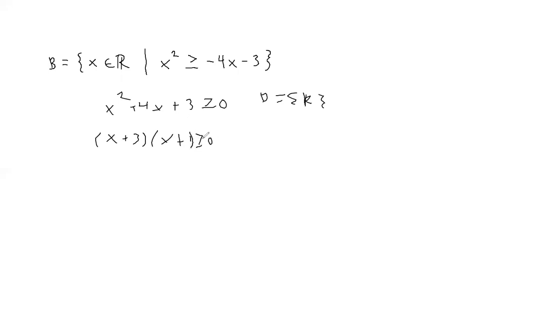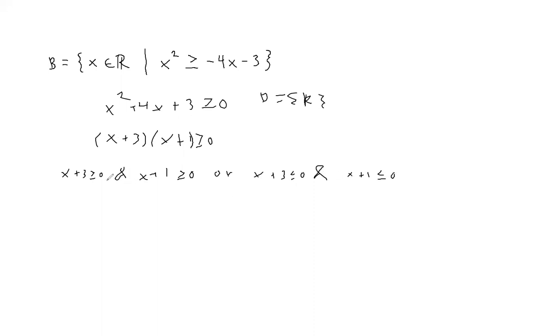And now if you remember, if I have a product of two quantities that are supposed to be positive or greater than 0, they can either both be positive or they're both negative. So I'm just going to set up that statement with math. I'm going to say x plus 3 has to be positive and x plus 1 has to be positive, or x plus 3 has to be negative and x plus 1 has to be negative.